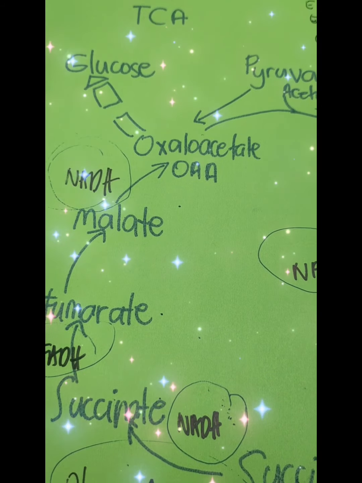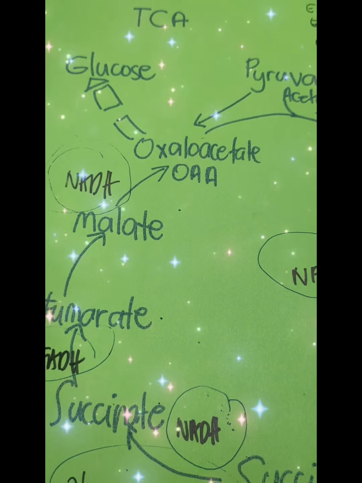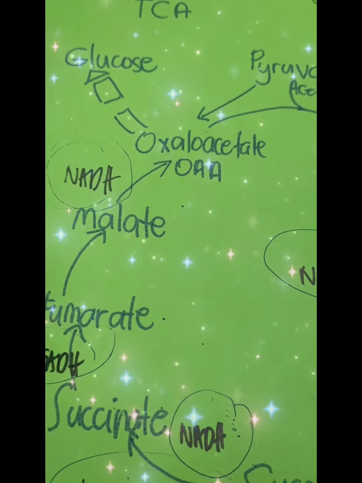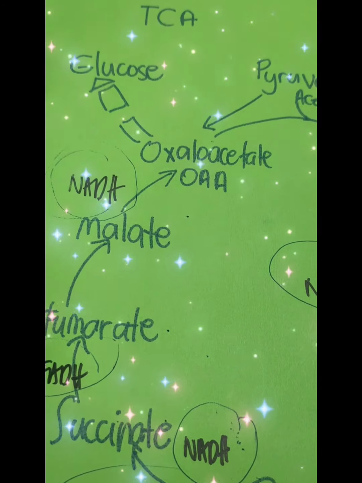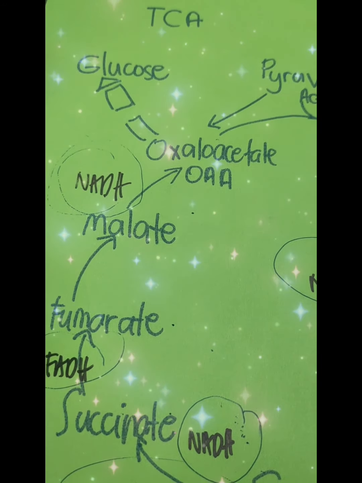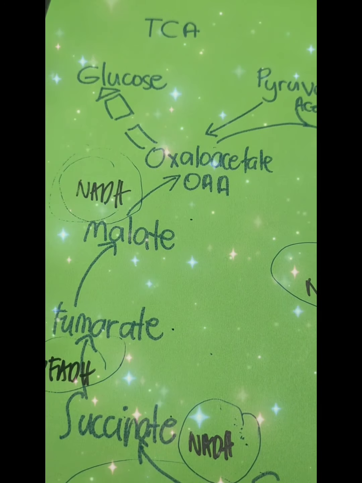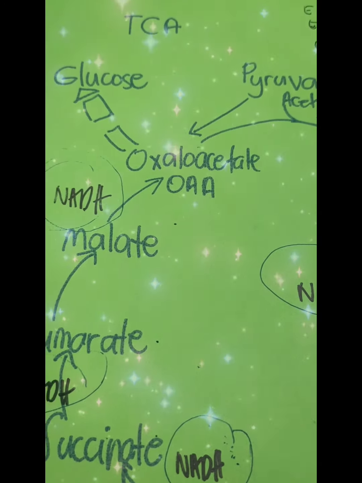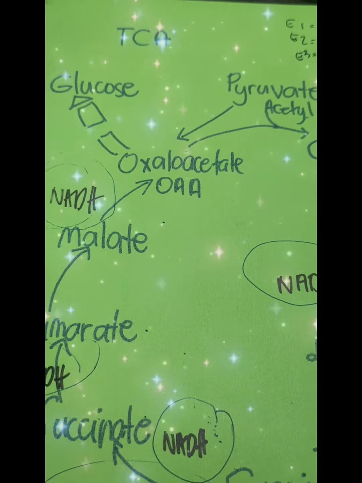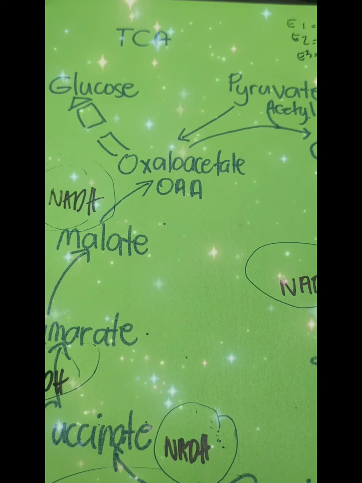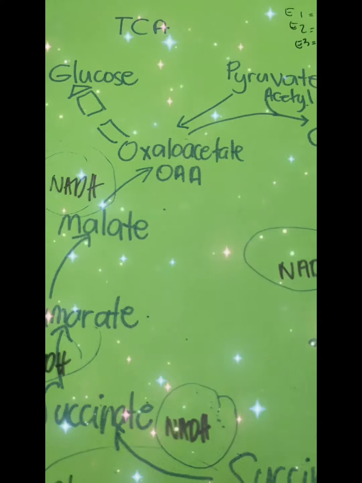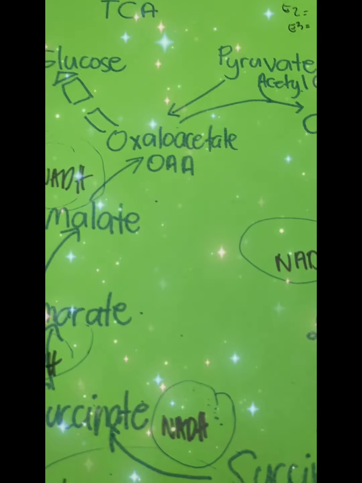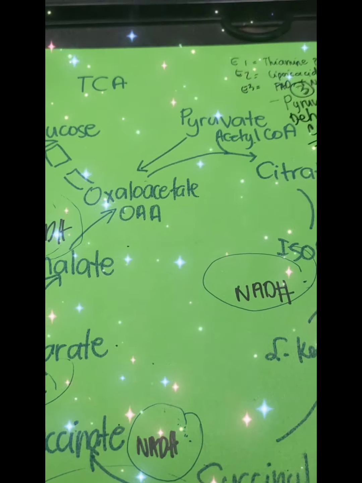We produce glucose not from carbohydrates but from other components like your amino acids or your fats, for example. Okay? That is your synthetic reaction. That will play its role in the gluconeogenesis.